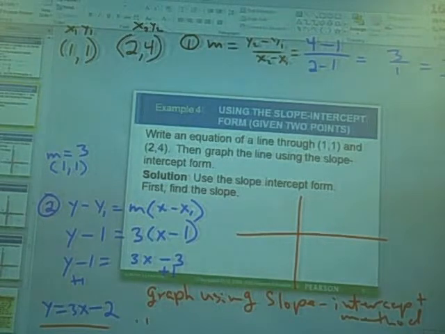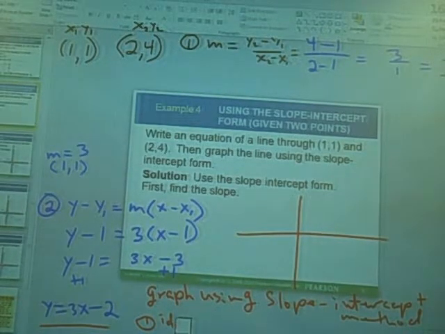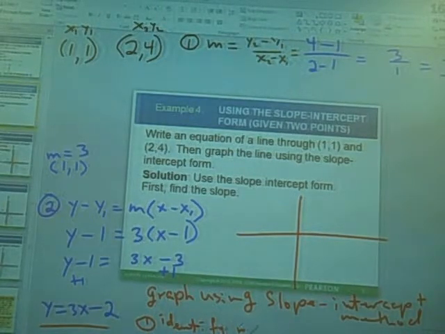Okay, step 1. Plot. First thing you want to do, actually before that, identify your slope and your y-intercept.